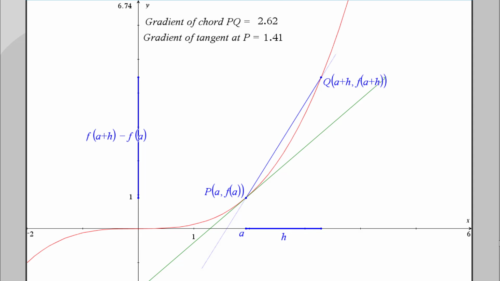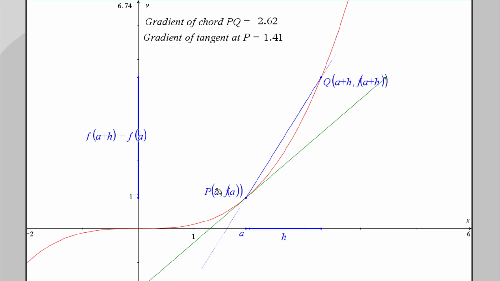Okay, so here we've got a similar diagram to the one you can see in your notes that we've just talked through. Some of the letters here are different, and unfortunately the colours have switched. So we now have our curve f of x defined by a red line. We have our 2 points that here are called P and Q, where they were M and N in your notes.